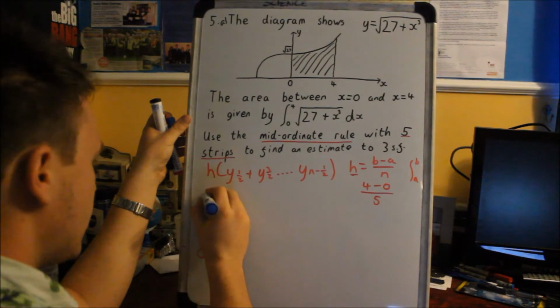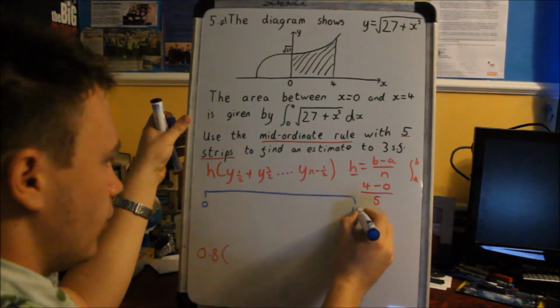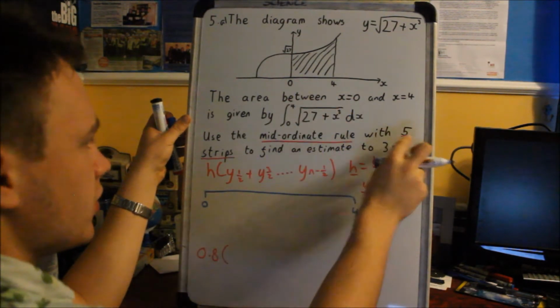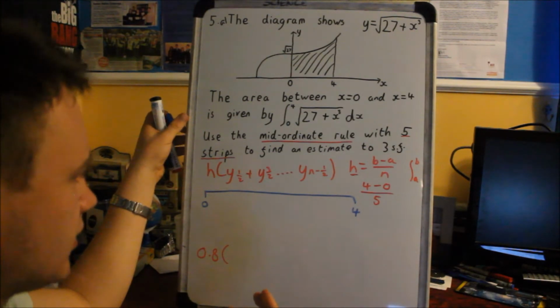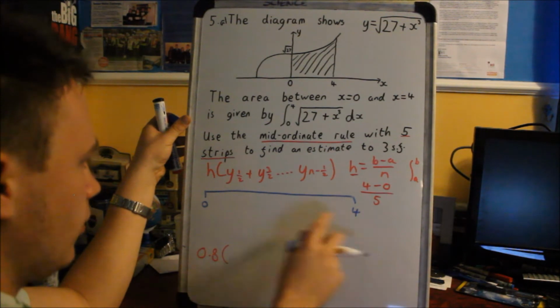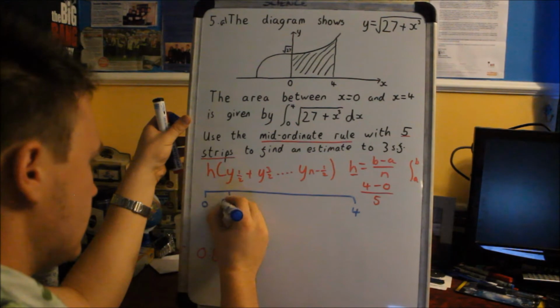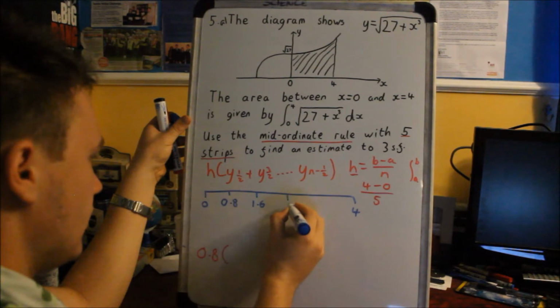Now we're integrating between 0 and 4, but it wants it with 5 strips, not 5 ordinates, so it's not 0, 1, 2, 3, 4, 5 ordinates, it's 5 strips. So it actually goes up in 0.8, which is not what you'd probably first imagine, so just make sure to read these sorts of questions carefully.